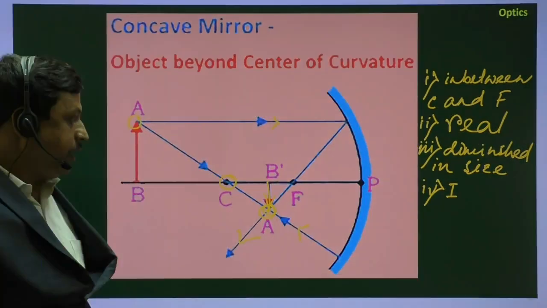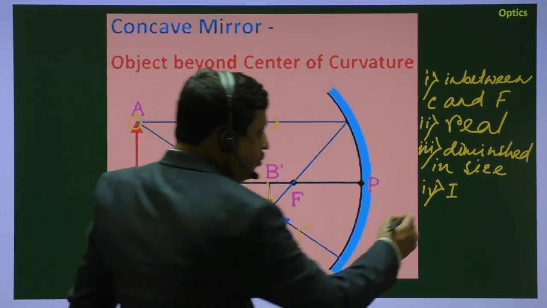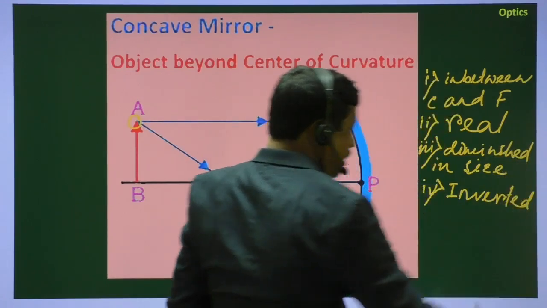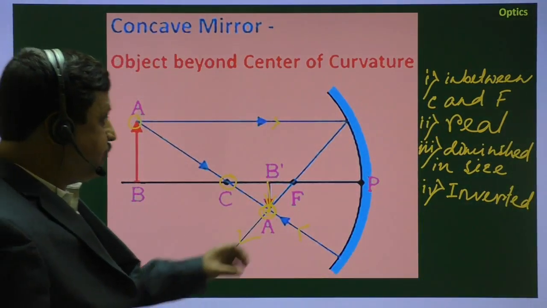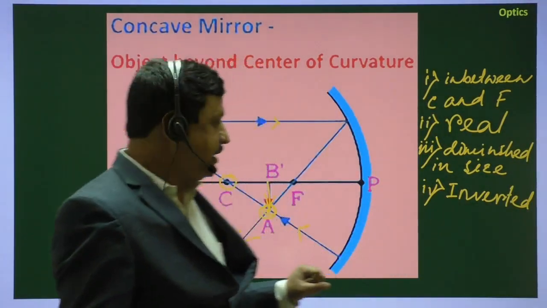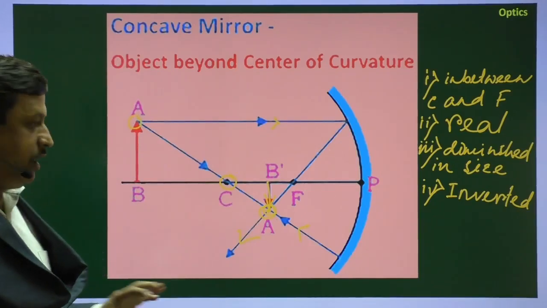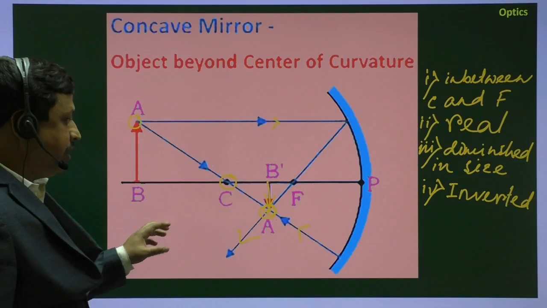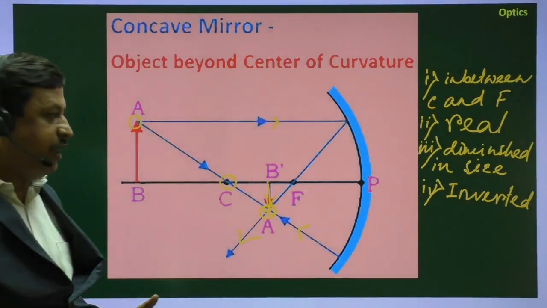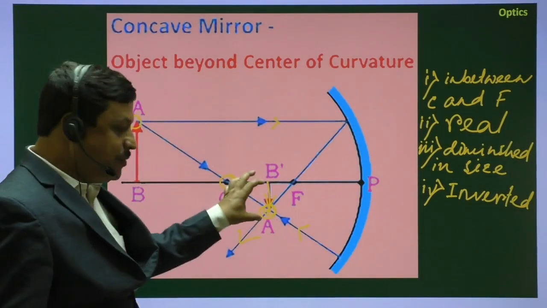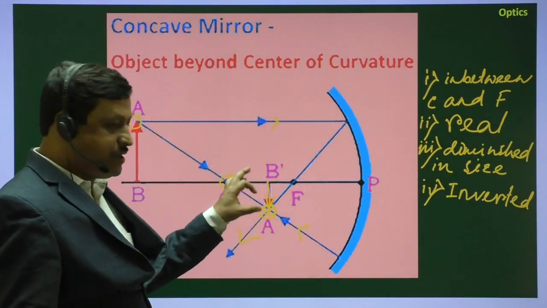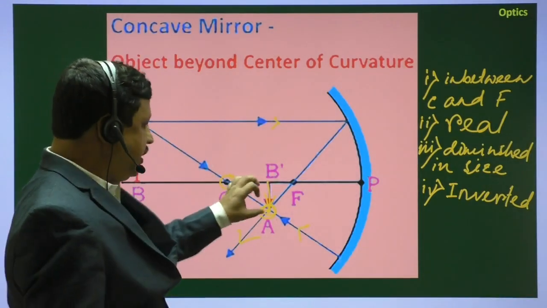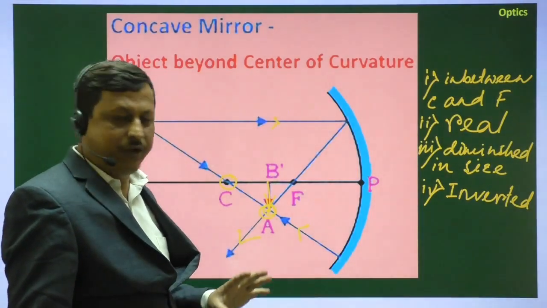These 4 are basically the characteristics of this image, right? First thing, this is a real image. It is formed in between the center of curvature and the focus point, and this is a diminished image. The size of the image is smaller than the size of the object, and the image will be inverted, okay.